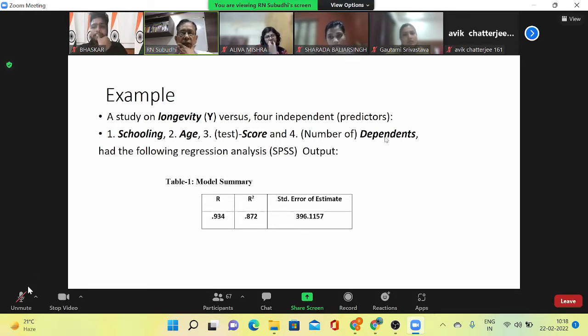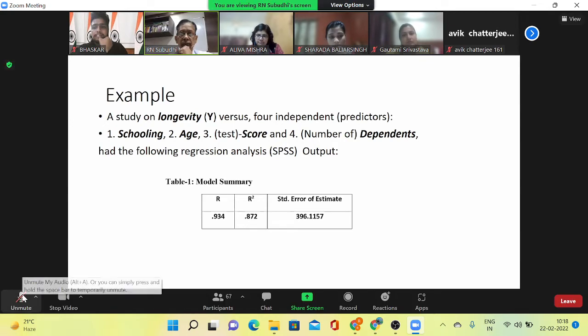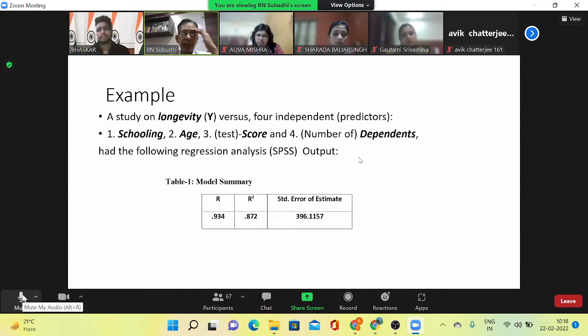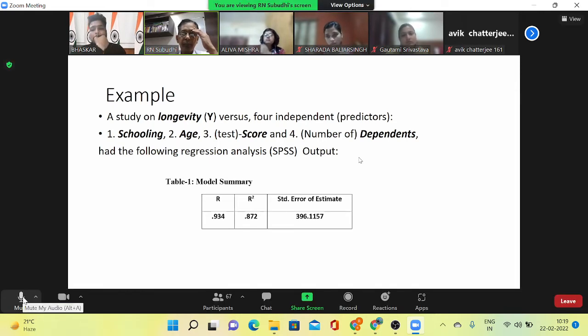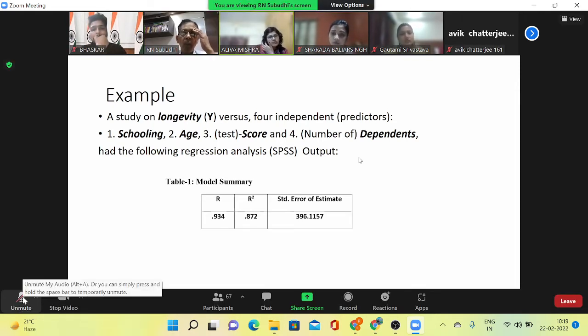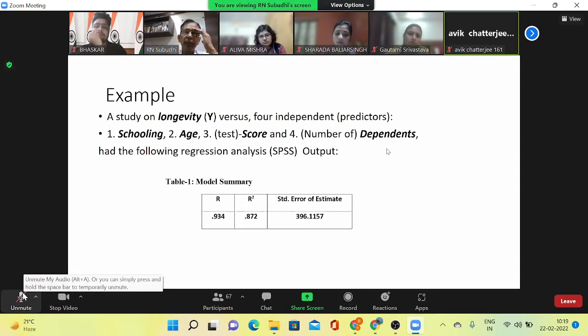Suppose you have got 7-8 children, and will it discourage leaving one organization? Are you getting what I'm suggesting? Sita, you are there or left my class? Yes, sir, it will discourage. So, what type of relation is there between number of dependents and longevity?